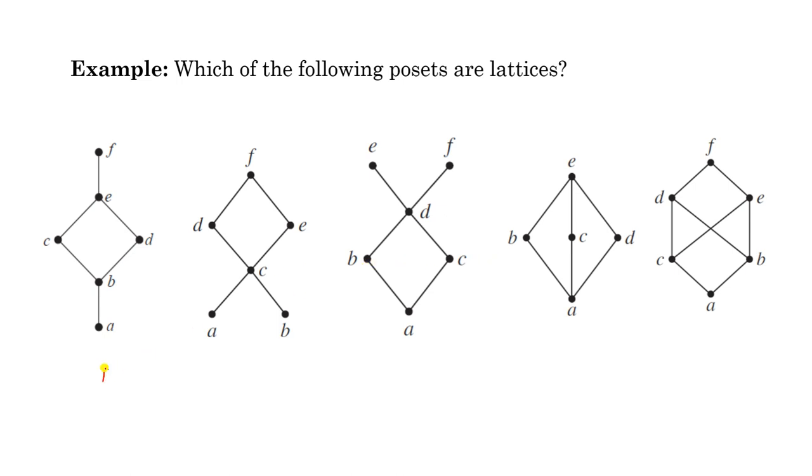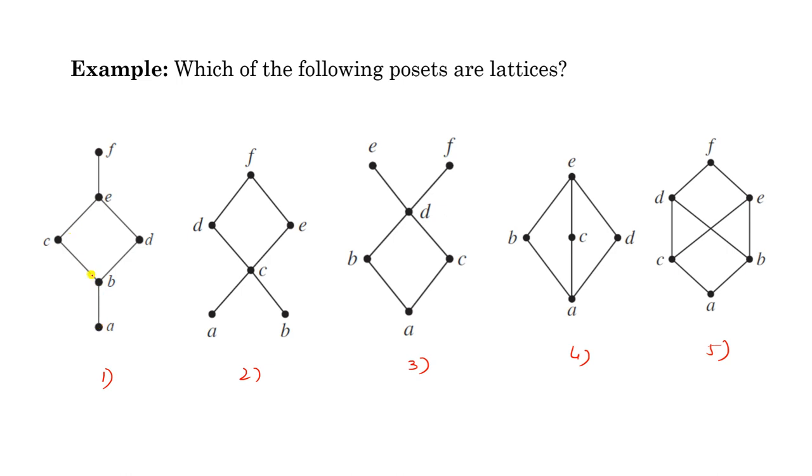First I write numbering 1, 2, 3, say this is 4 and 5. Now look at this poset. If you take any elements which lie in a line, like AB or BC or EF, every time we can find a least upper bound and greatest lower bound.